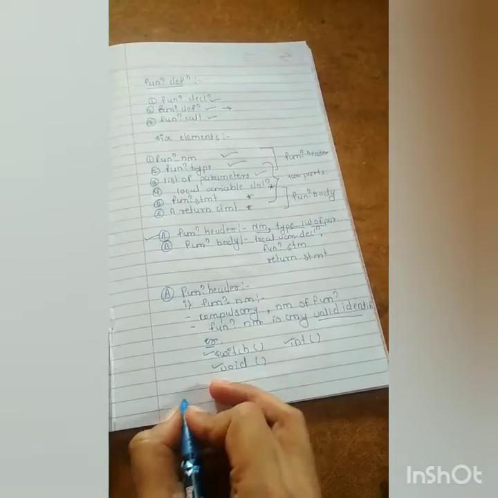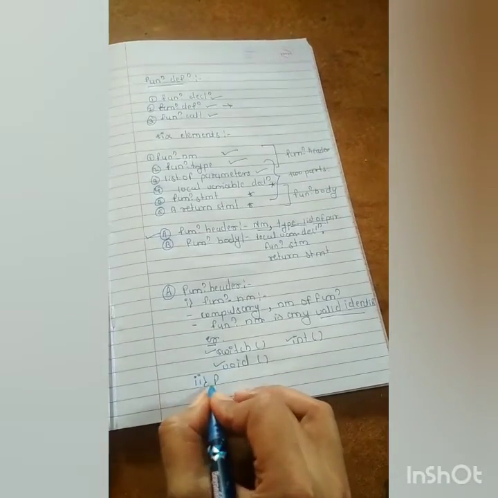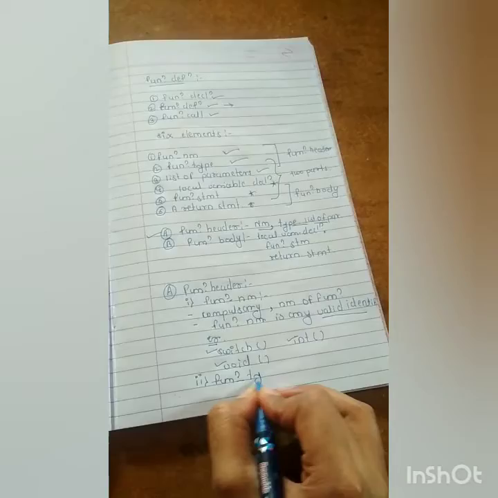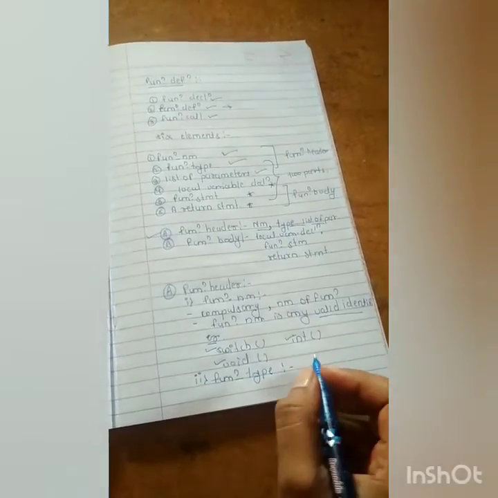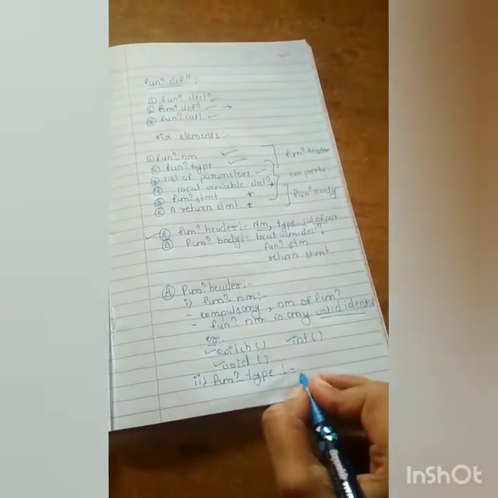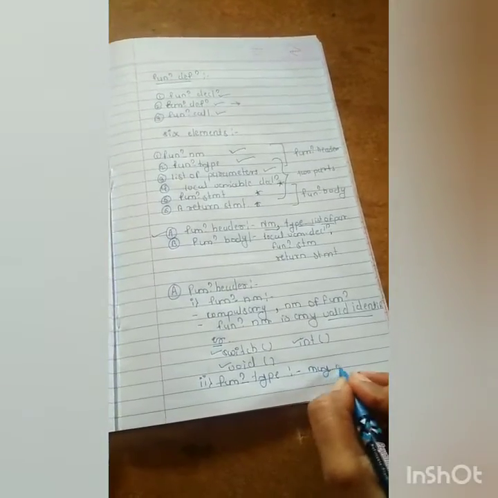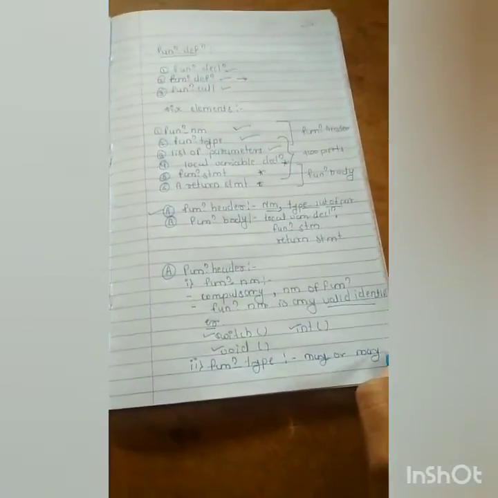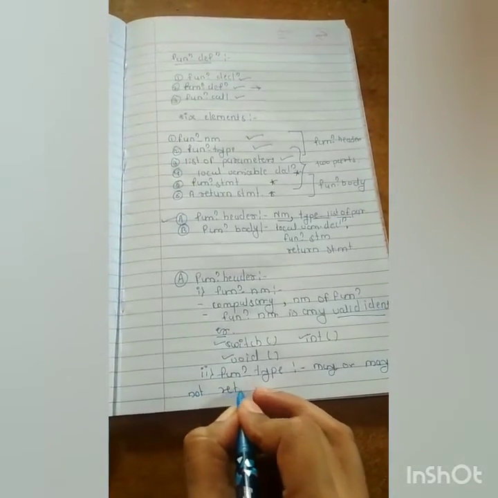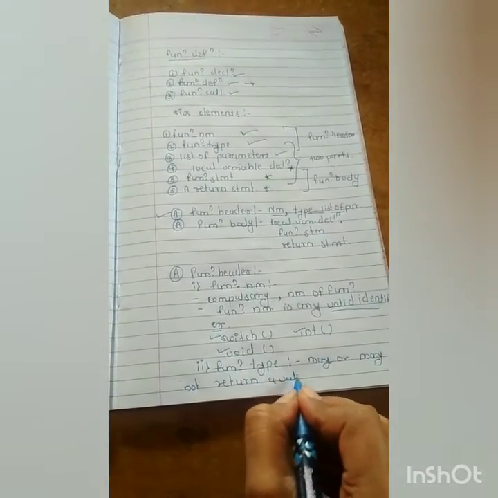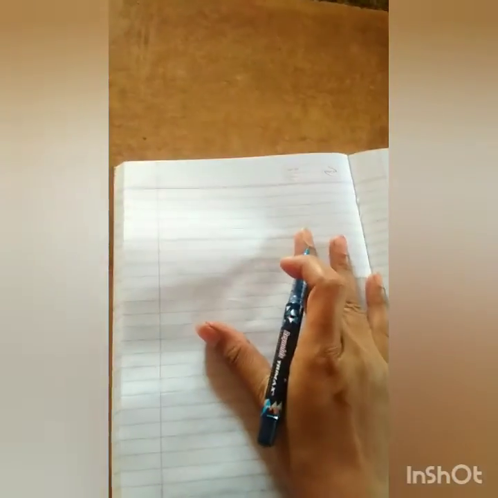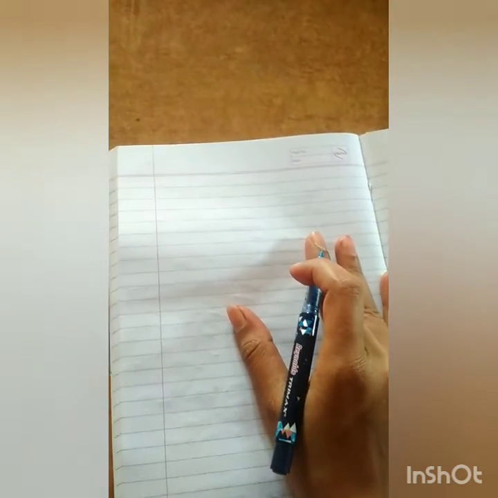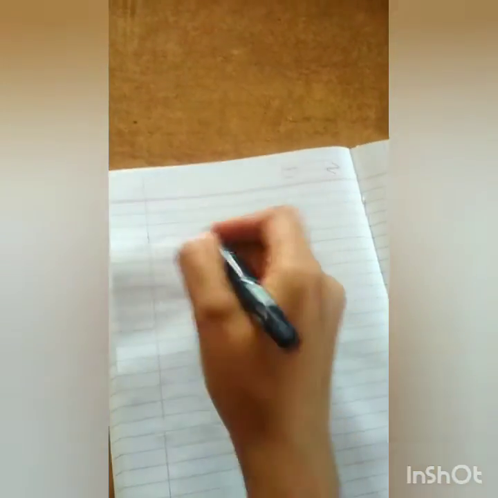Next part is the function type. Function type means a function may or may not return a value. Sometimes functions return a value and sometimes they do not return any value. Next point, the return type is a data type.